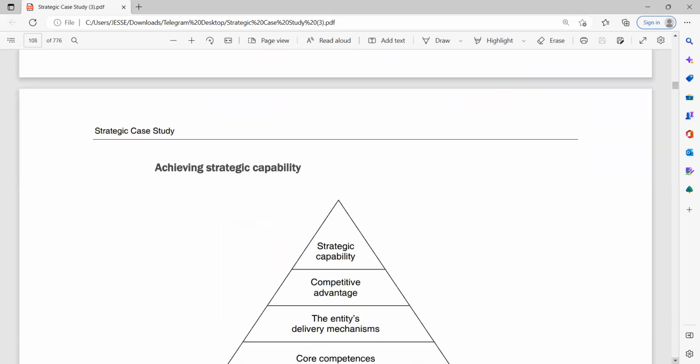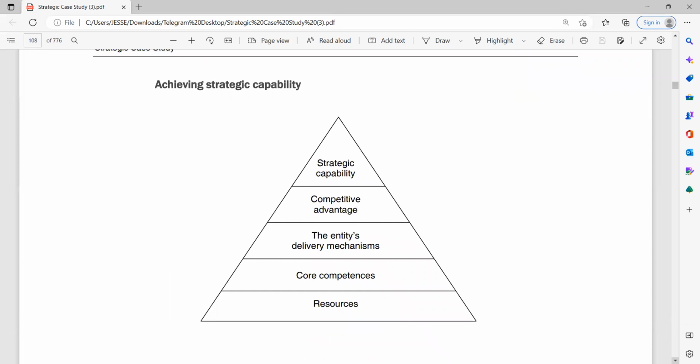So let's look at this simple chart. You see strategic capability at the top. Then you see competitive advantage. Then you see entities delivery mechanisms. Then you see core competencies. Then you see resources, right? So you see resources at the bottom. So it's how these resources are used.